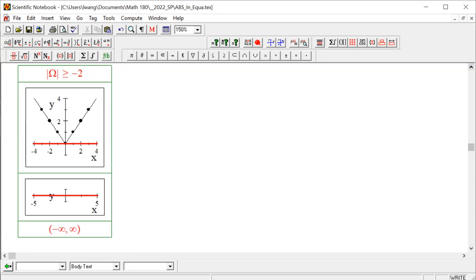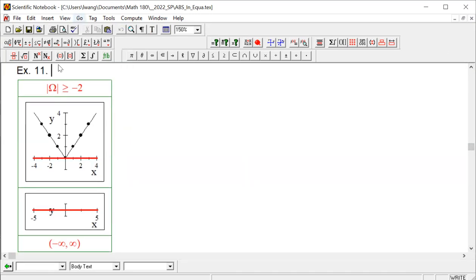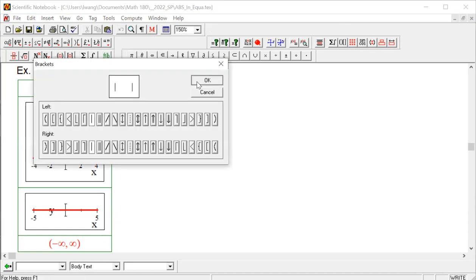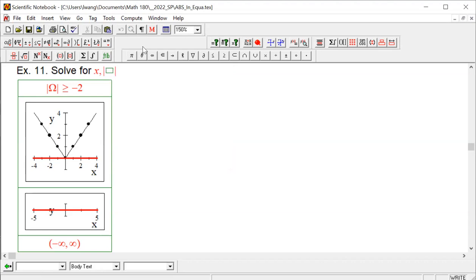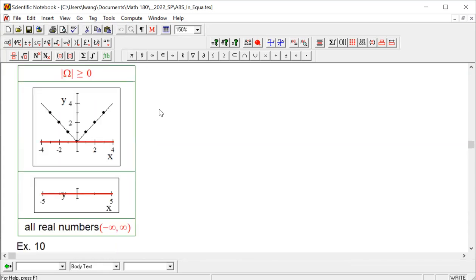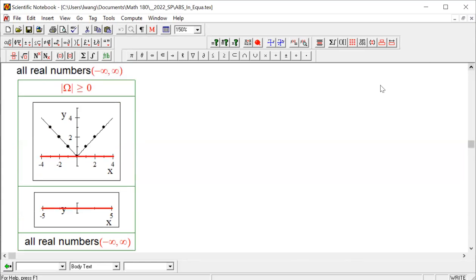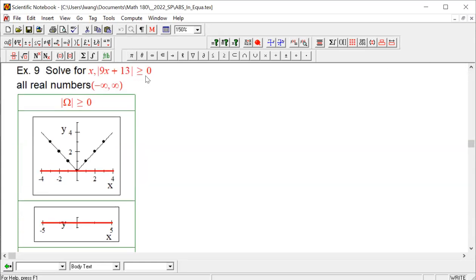Number 10. I can say solve for x. Here I'm going to create the absolute value of 5x minus 17, and I want this to be greater than or equal to -2. The same scenario. The absolute value of anything is going to be greater than or equal to 0.